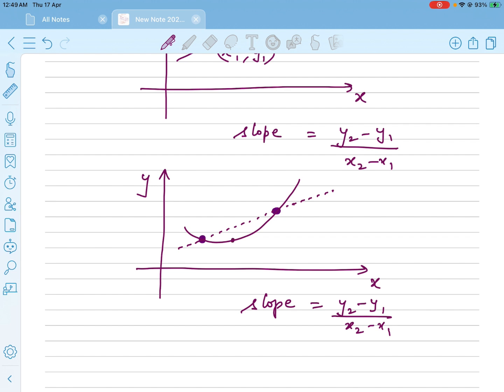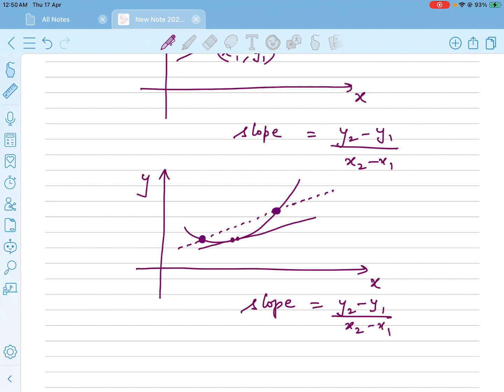And how can we do that? Say we take a point over here, and we take another point in the vicinity of the first point, and I join these 2 points. Now as you can see, even though these are 2 different points, they are so close that the line which I make is not cutting the curve, but it is just touching the curve.